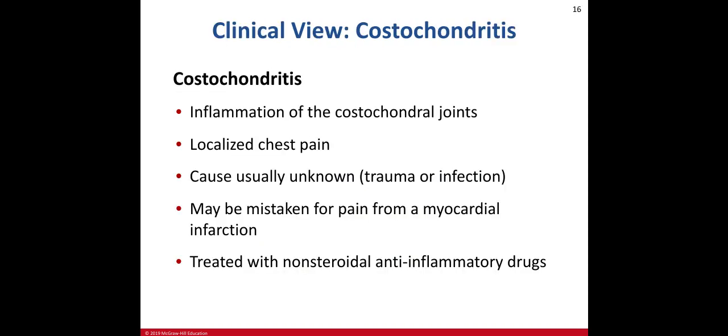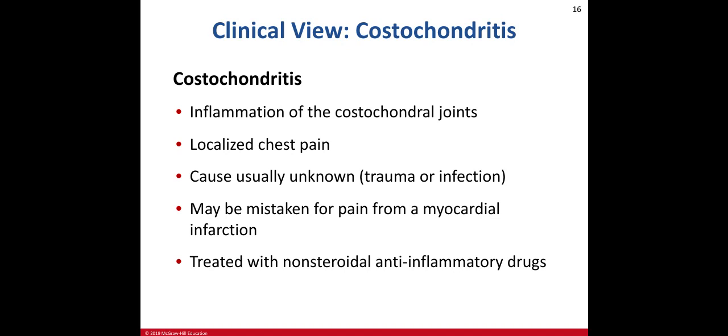An interesting thing that we want to talk about is costochondritis, which is actually an inflammation of those costochondral joints, like in your rib cage, and it causes localized chest pain. And we don't always know the cause of it. It could be trauma or infection, but it is something that can be mistaken for a heart attack or a myocardial infarction.